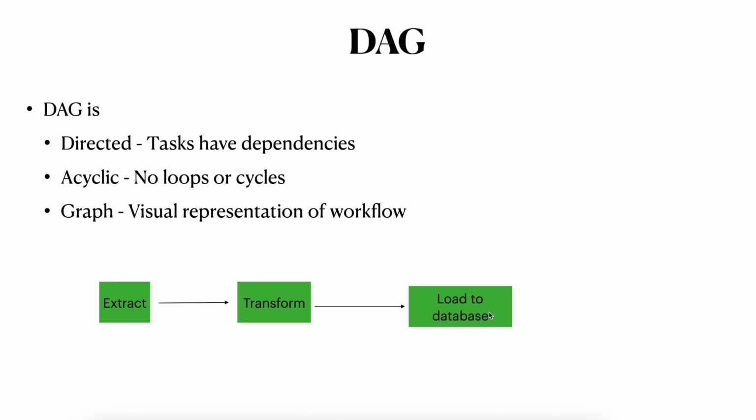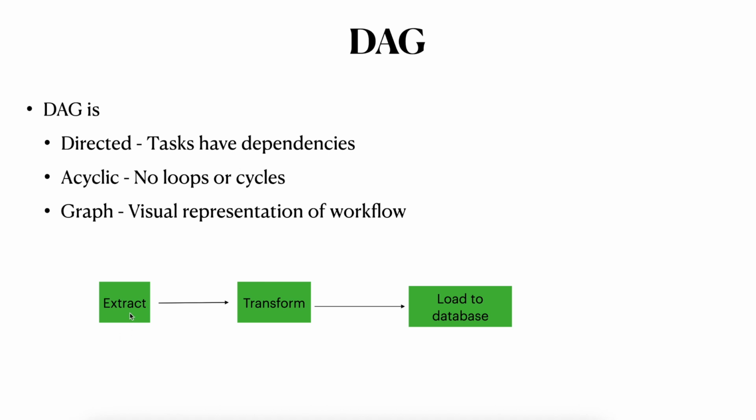So assuming you want to build a pipeline around these three stages, we will define three tasks on a very high level using Python operator, or based on your database integration you can use any database operator also. But in a simple way, suppose you want to just automate in a simple way, you have to define three operators like extract, transform, and load.